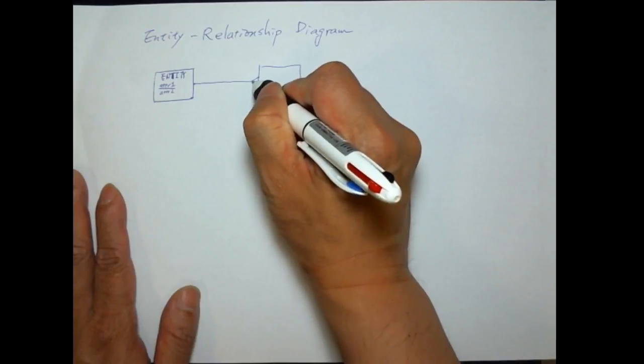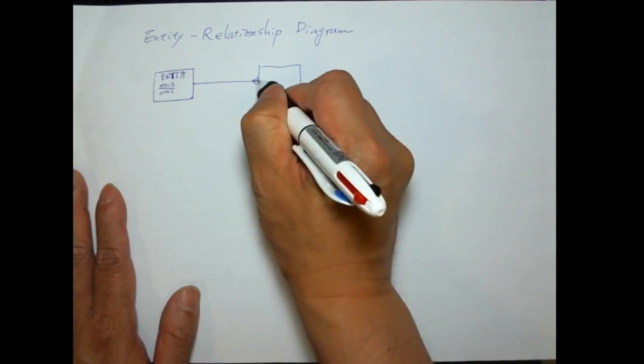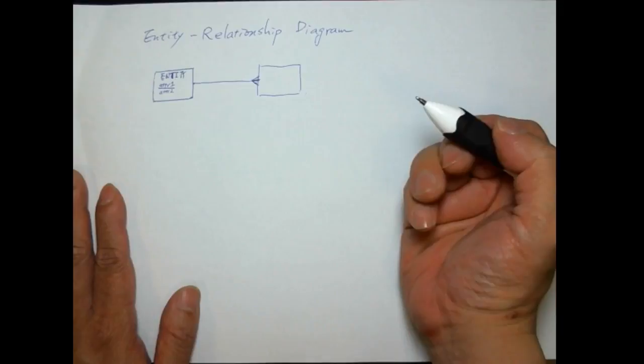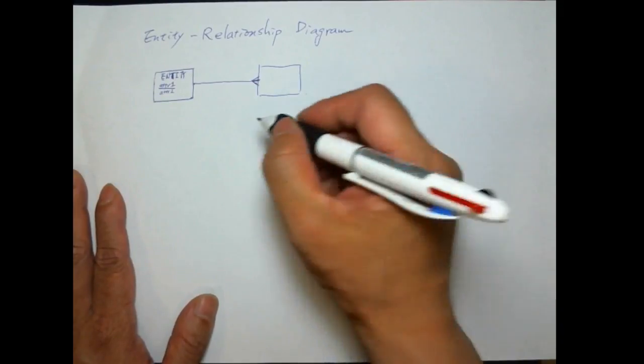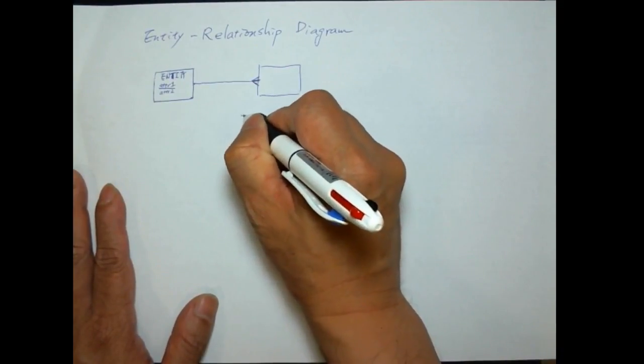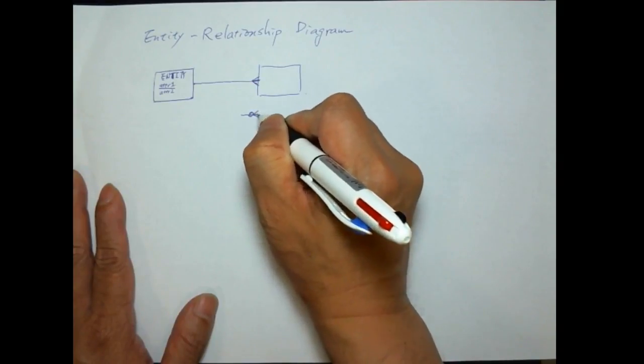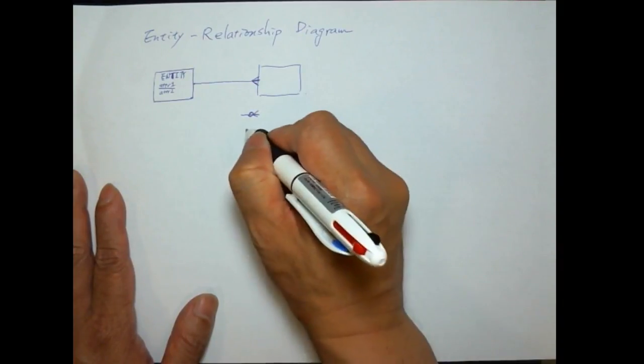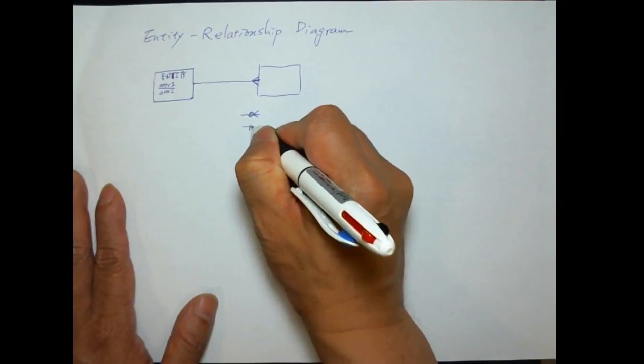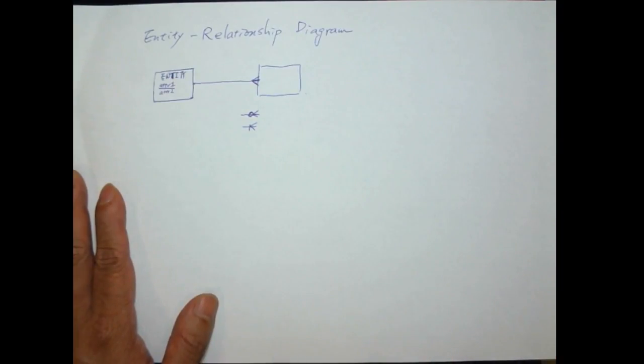For example, if we draw the end as a claw, that means it is multiple. So one left-hand side entity instance corresponds to multiple right-hand side entity instances.